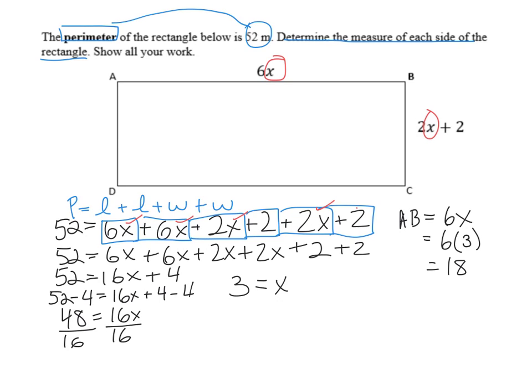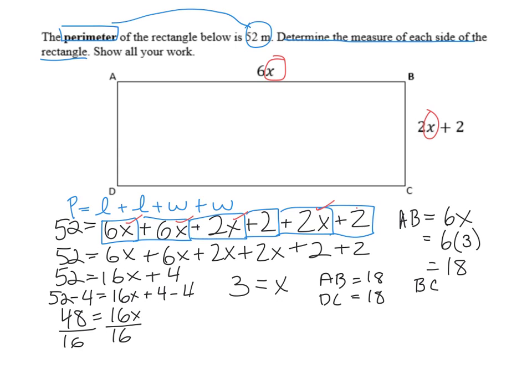So my first answer is AB and DC both equal 18. And now I've got to figure out BC. Just so you're aware, I'm labeling the lines according to the points they reach. So AB was what I did right here, and DC is the same as AB, so I've put it here.